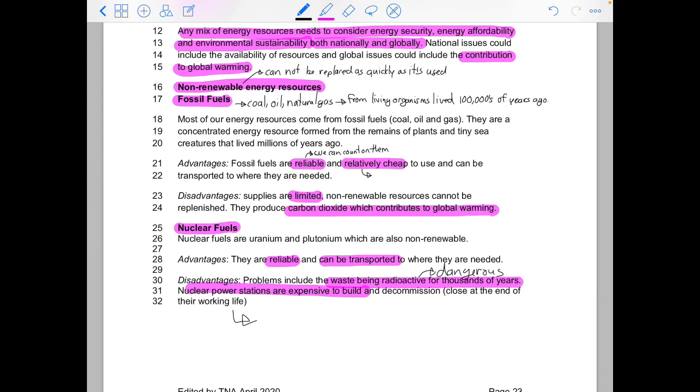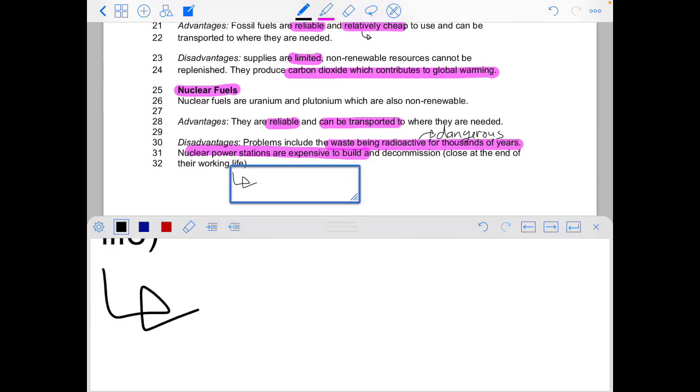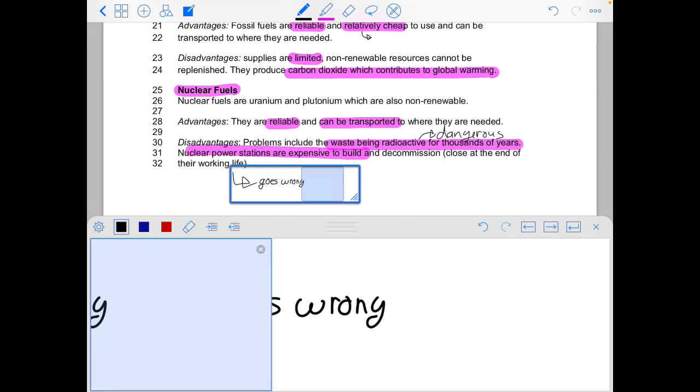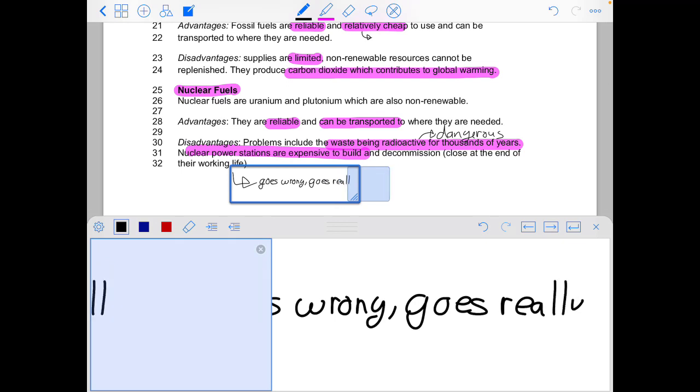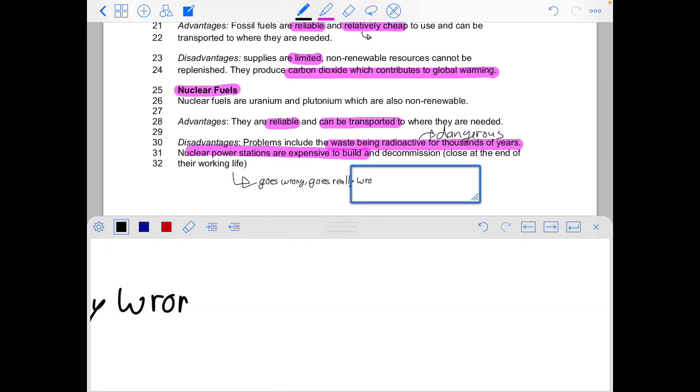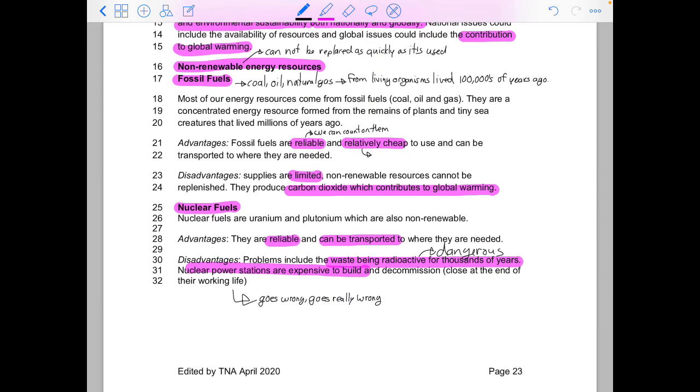So if it goes wrong, it goes really wrong. So those are our two non-renewable resources, fossil fuels and nuclear fuels.